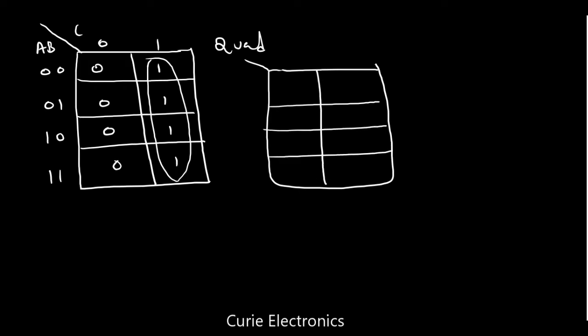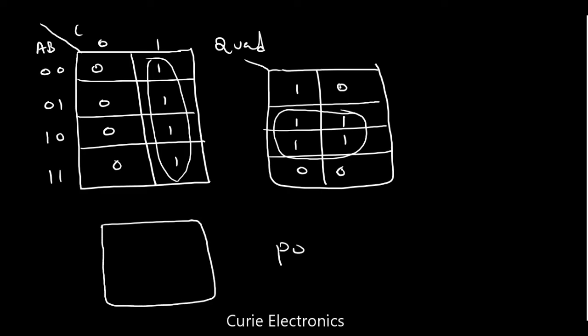So 1, 0, 1, 1, 1, 1, 0, 0. This is in the case of sum of products. This is also a quad. What about an octet? See here, now if it is in POS, product of sums, then we have to group the zeros.